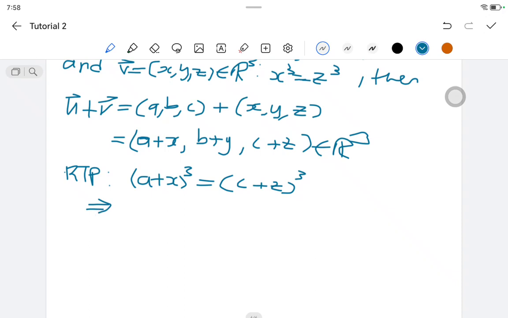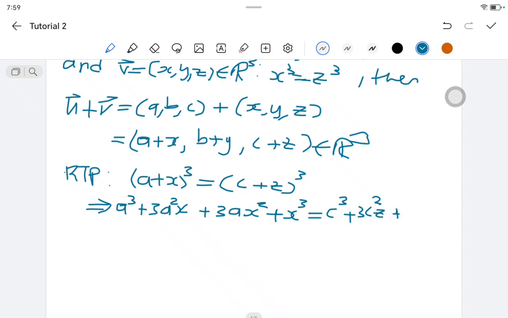And remember here, this one is a cubed plus 3a squared x plus 3a x squared plus x cubed, which on this side also we have c cubed plus 3c squared z plus 3c z squared plus z cubed.